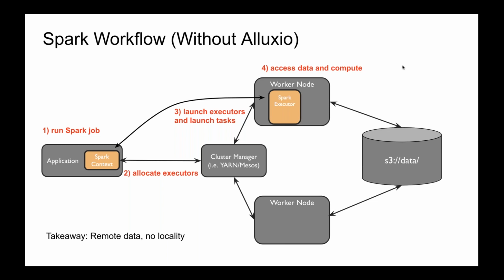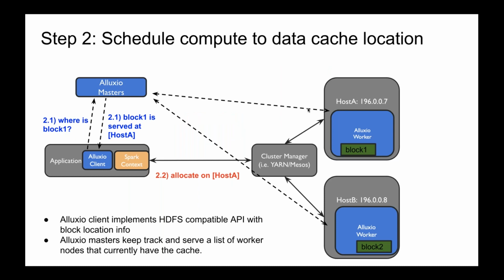So with Alluxio, there are a few things different here. First, the Spark context will talk to Alluxio, because we put the Alluxio client into the application. The Spark context has the Alluxio client, and this Alluxio client implements an HDFS compatible API, which also has the block location information inside.